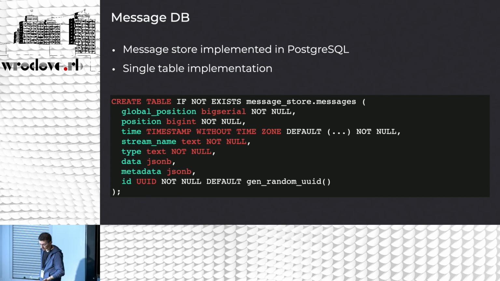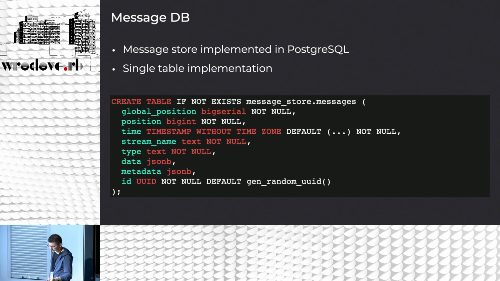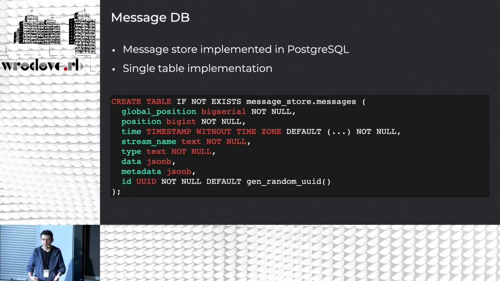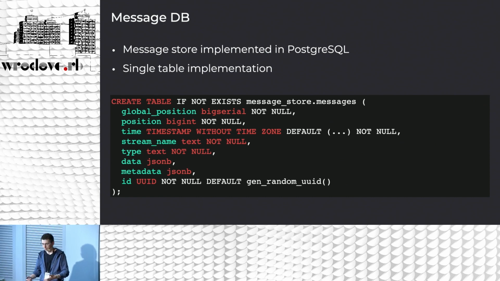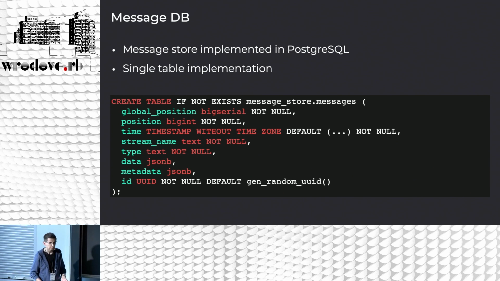Data, that's kind of important. This is JSON containing all the attributes of a message and their values. Metadata, another JSON, but this one contains information on how the message came to be, for example, whether it was correlated to some other stream. An ID, of course, we need a message ID. We have to identify each message. But in this world, we use UUIDs for those.